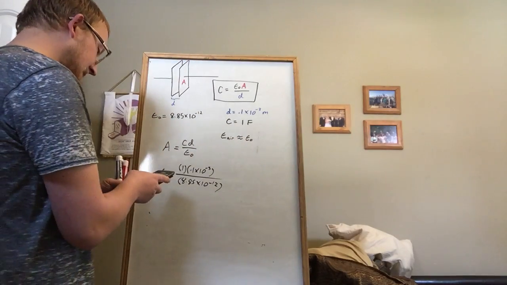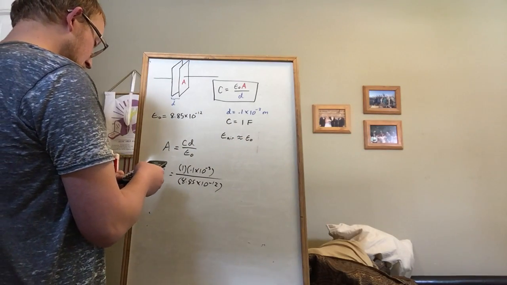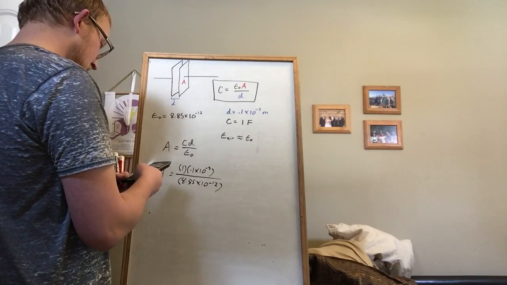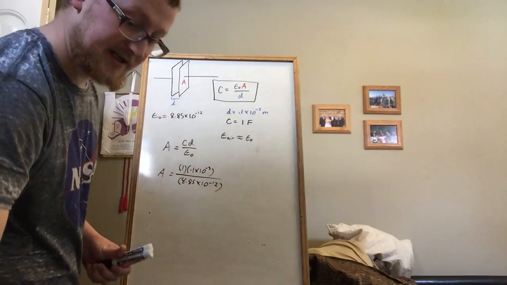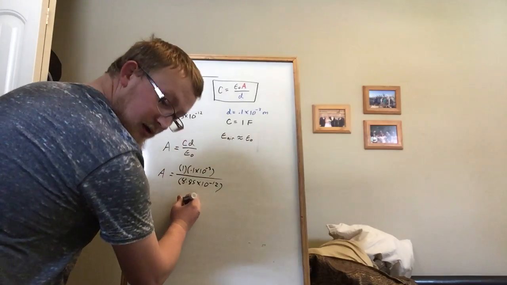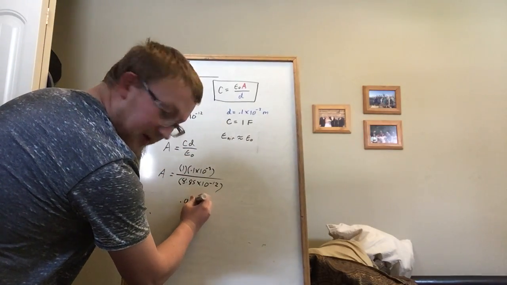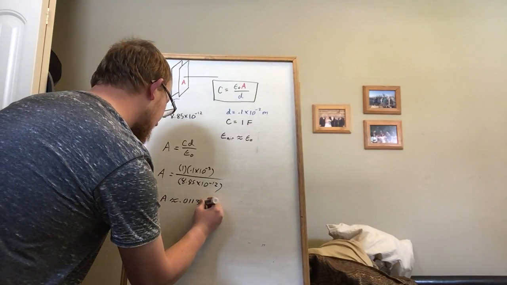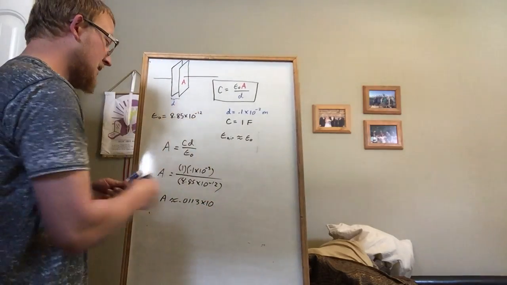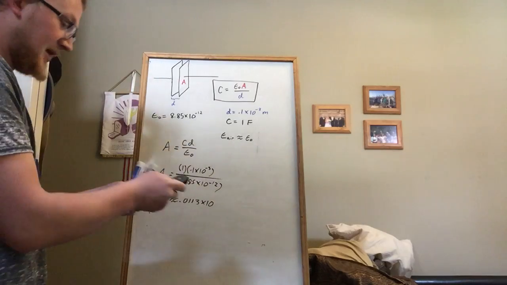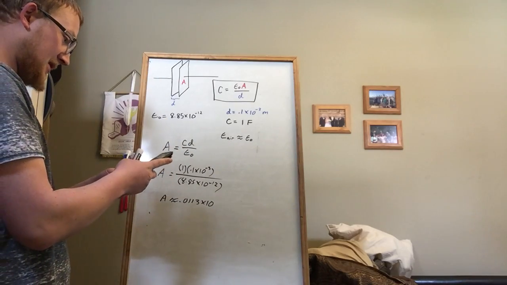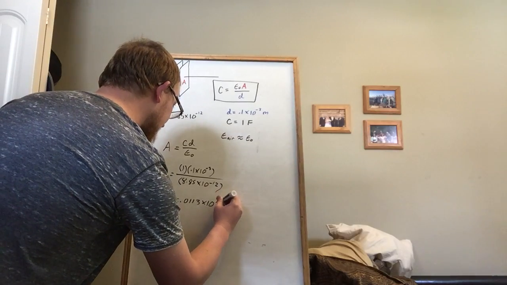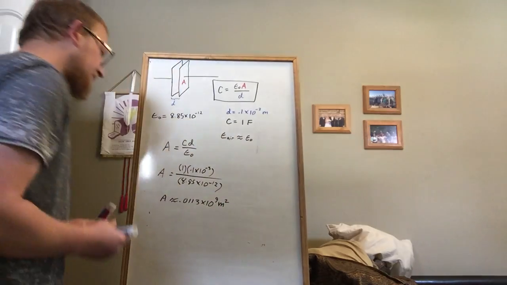Alright, so let's plug it in. And what we get is 0.0113 roughly times 10 to the minus 3 plus 12 times 10 to the 9, and that's meters squared.